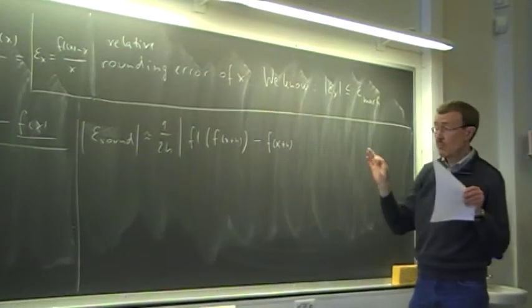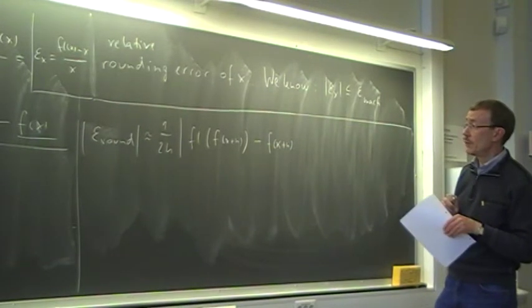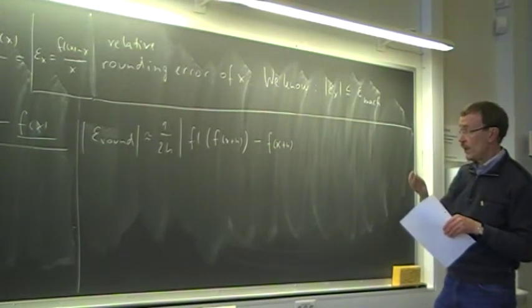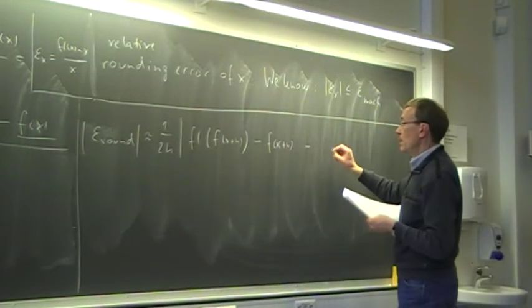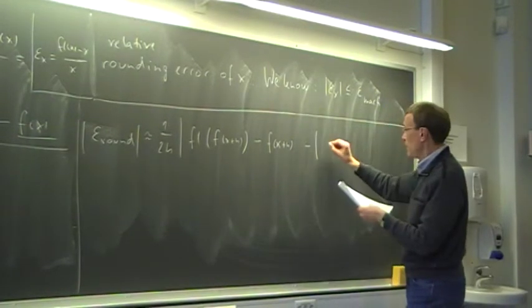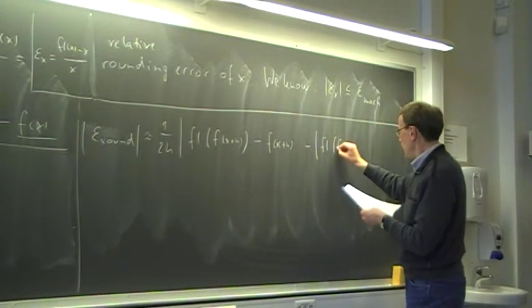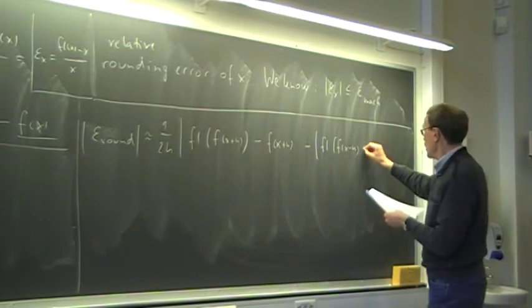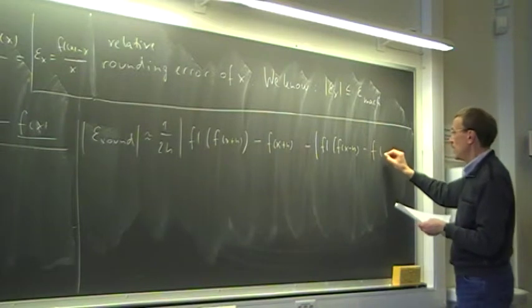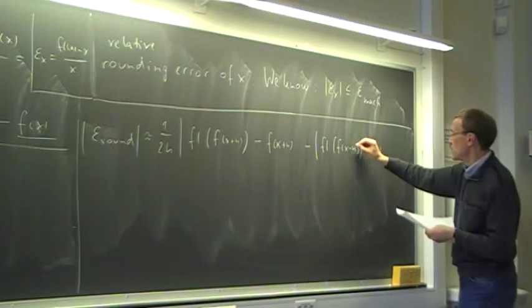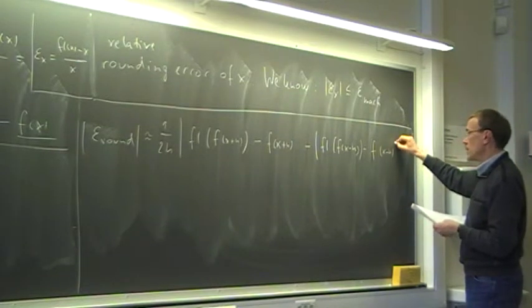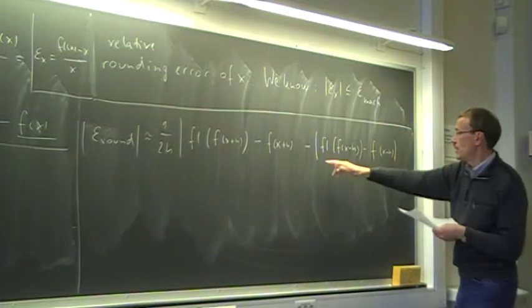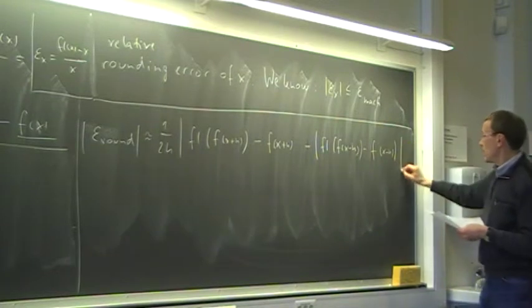So again, we focus only on the floating point errors due to the function representation, minus, and then we will have here the floating point of f of x minus h minus the correct f of x minus h. That is the h here. Okay, so that is this bracket here, and then the absolute value here.